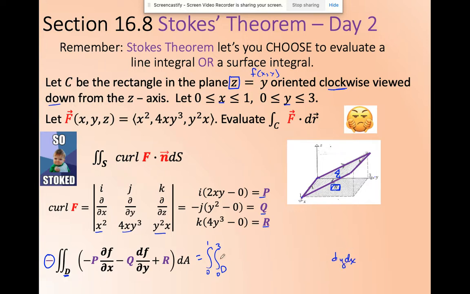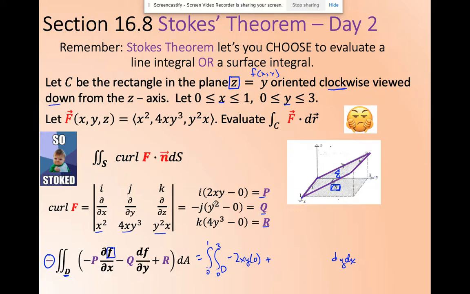So what am I going to have here? The opposite of P, negative 2xy, times the partial of f. What's my f again? That's my z in terms of two variables, and in this case, again, only one. So, oh, that's nice, because what's the partial of the plane with respect to x? Oh, snap.